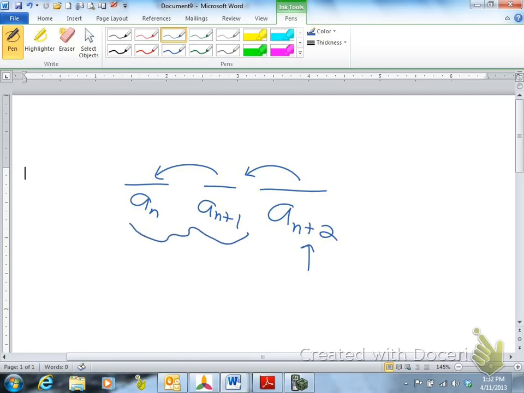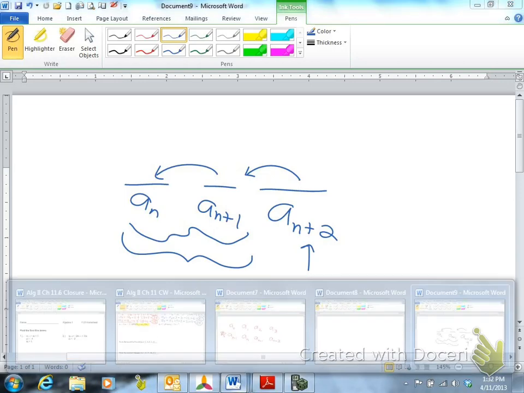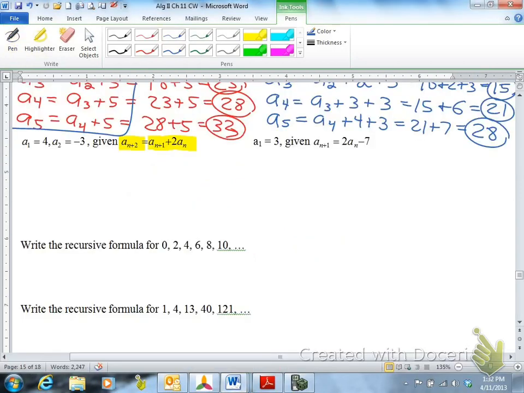Ooh. That's hard to do backwards. There. It looks a lot nicer. I'll have to practice doing that backwards. So for this one, notice you're told two terms at the beginning, a sub 1, a sub 2. So to find the next term, which is a sub 3, you would take the term before it, which is a sub 2, plus double the term before that.